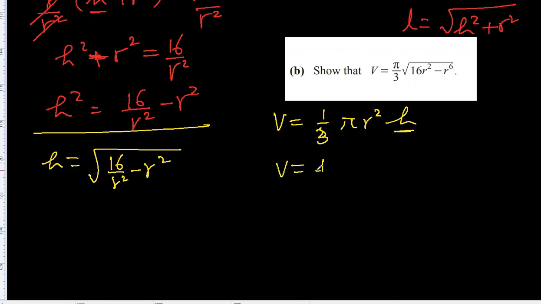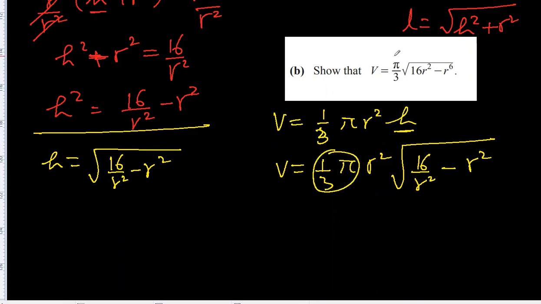And that's what I will use here. V equal to 1 over 3 pi r square square root 16 over r square minus r square. It is not matching fully because 1 over 3 pi is matching with pi over 3. That means this r square must go, and we can't remove it anyhow. We can take it inside the square root. So how will that happen? Equal to pi over 3.